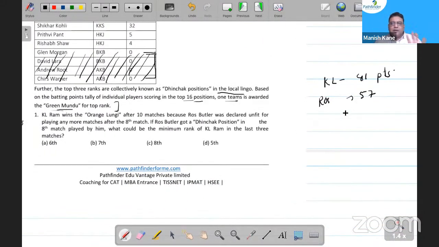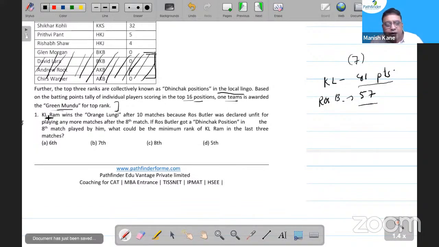This is the first thing we need to see. So after 7 matches, KL Ram has 41 points and Ross Butler has 57 points. But who wins the orange lungi? KL Ram wins the orange lungi. Correct? Because Ross Butler was declared unfit for playing any more matches after the 8th match.